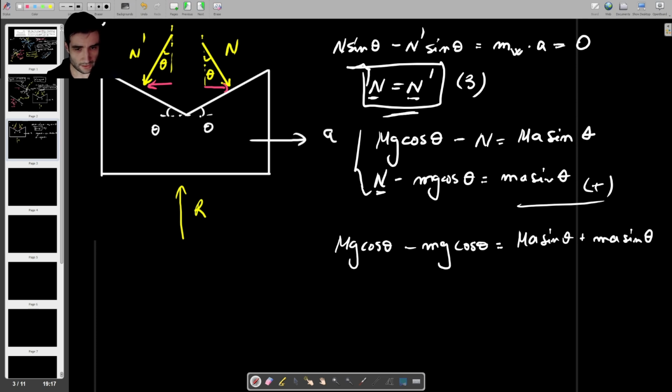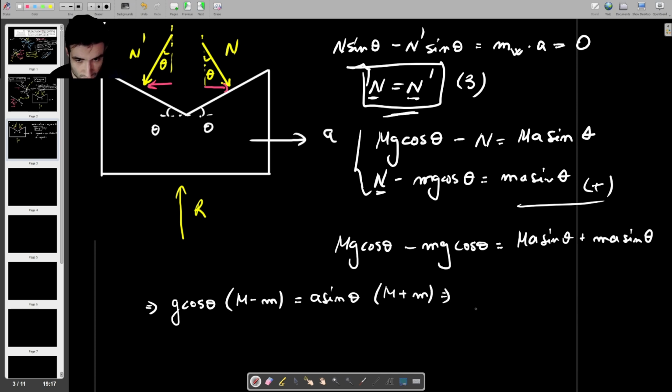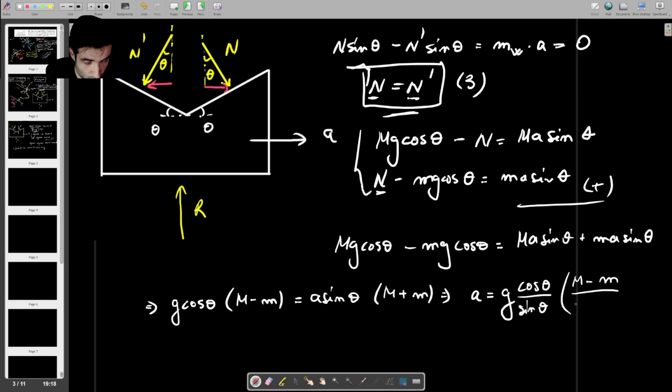Okay, now we can do a bit of rearranging, and we get that g cos theta times M minus m is equal to a sine theta times M plus m, and we get therefore that the acceleration is going to be equal to g cos theta over sine theta multiplied by M minus m over M plus m, like this.